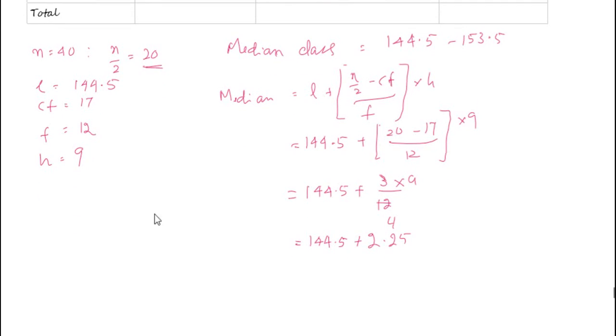So if you add this, it is 146.75. This is the median of the length of the leaves, in millimeter.